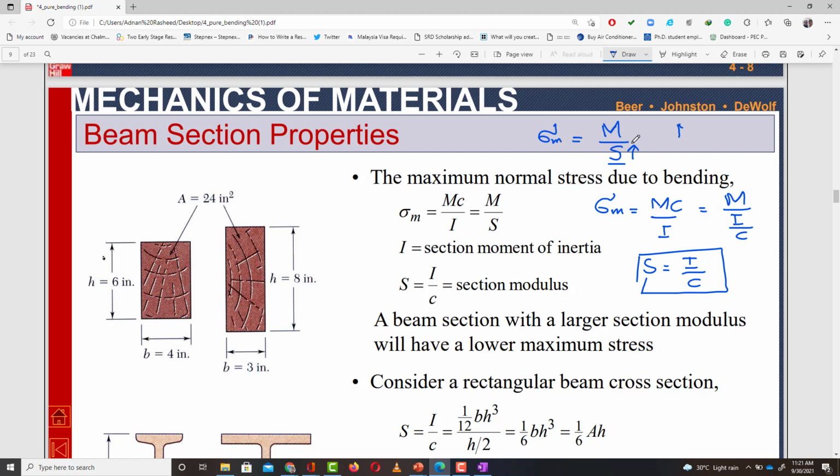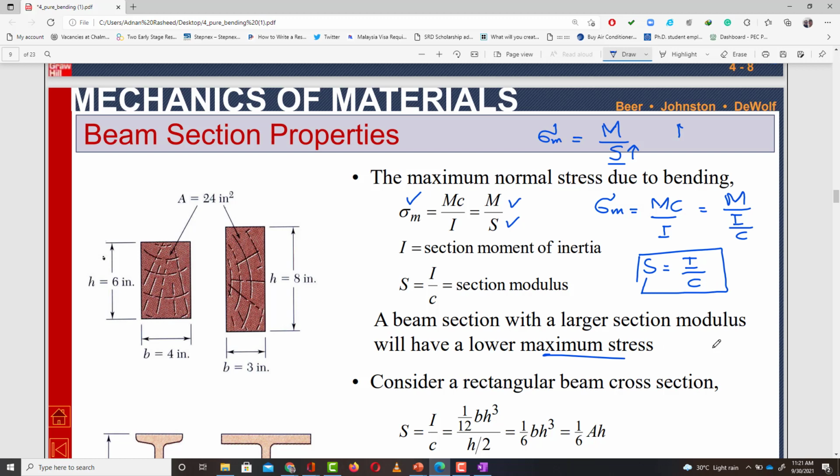If its value is high, then the stresses generated in that beam will be low. Clear? So the maximum normal stress due to bending is sigma m, which is equal to M over S. If S is higher, sigma m will be lower. So a beam with larger section modulus will have lower maximum stress.